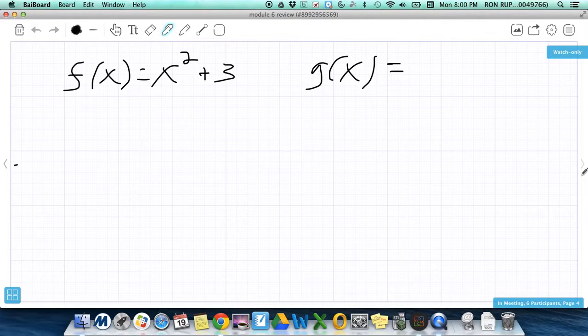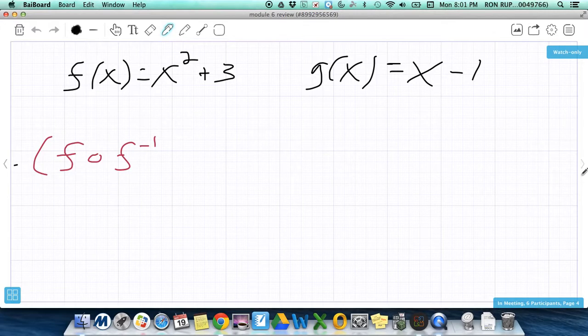But this time, I want you to pay real close attention: f composed of the inverse of f of 2.